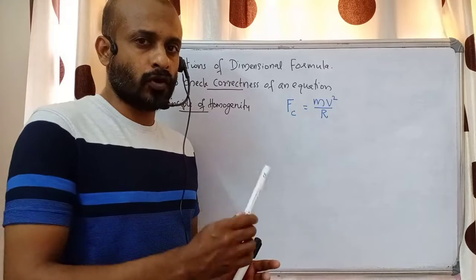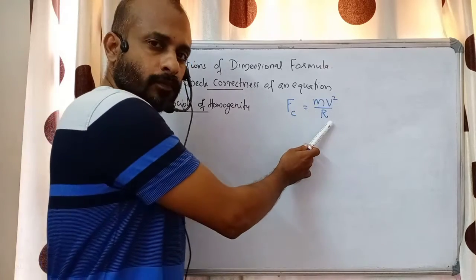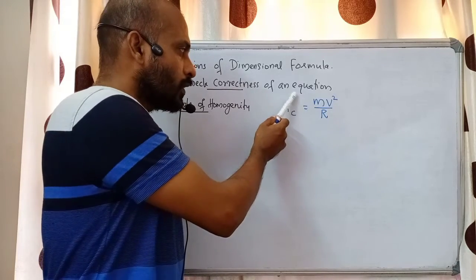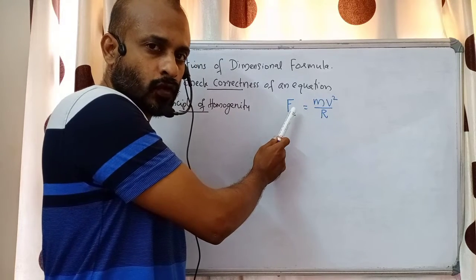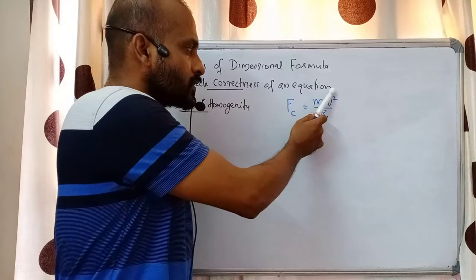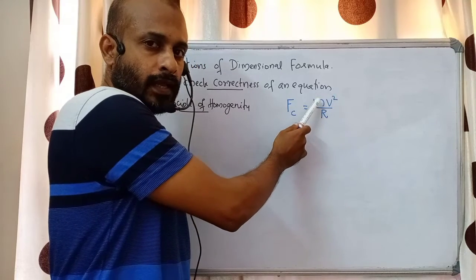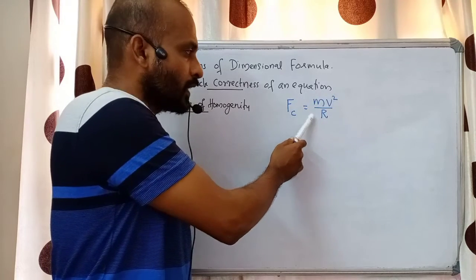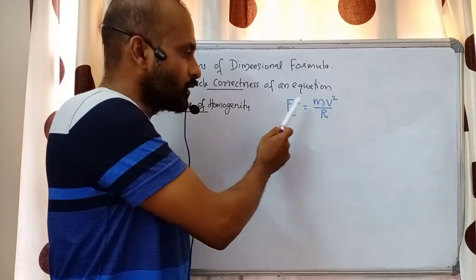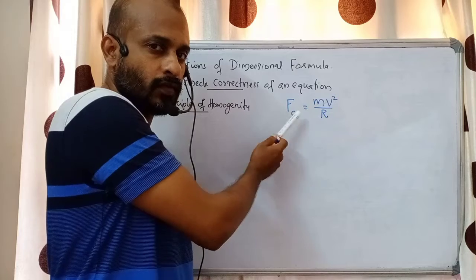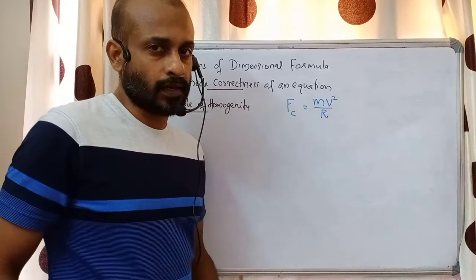So for this equation, the dimension formula of the centripetal force, and the dimension formula of this entire term mv square by r, should be equal. Then we can say the equation is dimensionally correct.